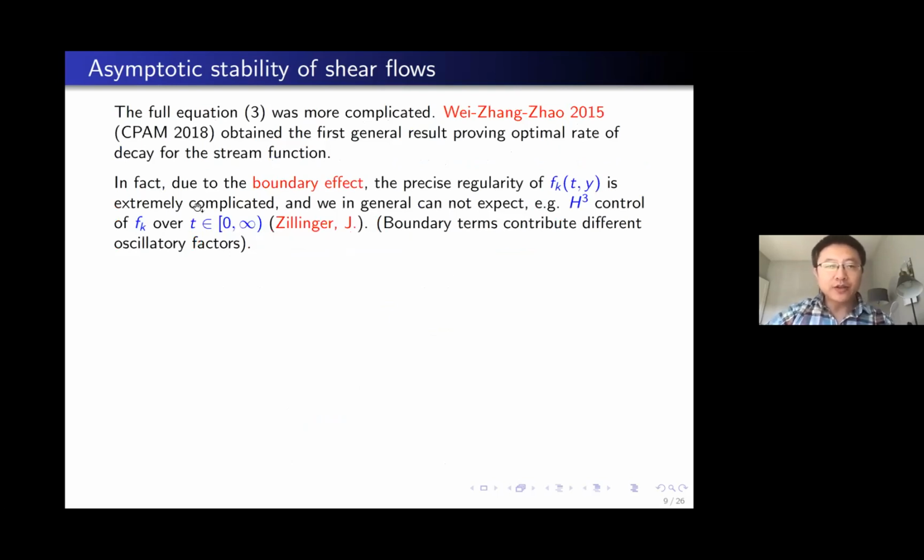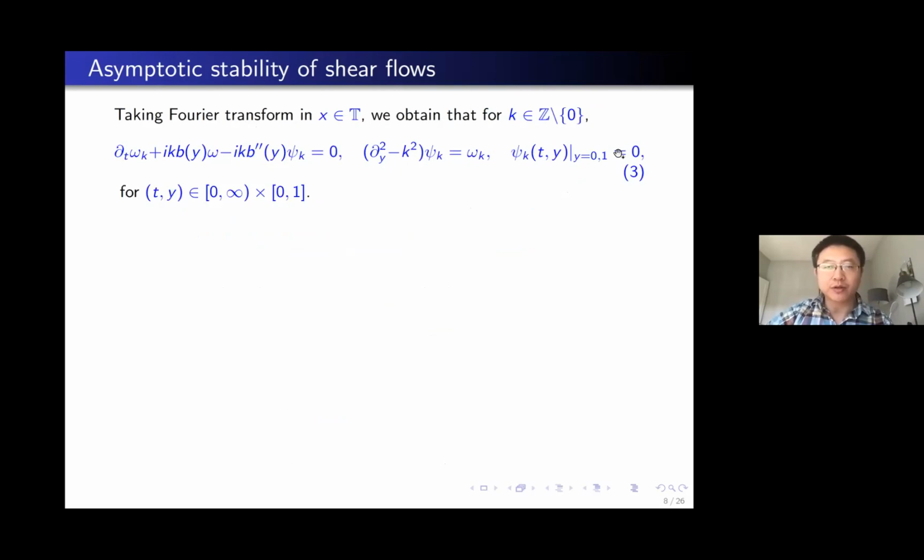Okay, so in fact, due to the boundary effect, the precise regularity of this fk, the so-called profile fk, is extremely complicated. And in general, we cannot expect uniform smooth control, not even H3 control. This is because you have some boundary terms, because there's this boundary value.